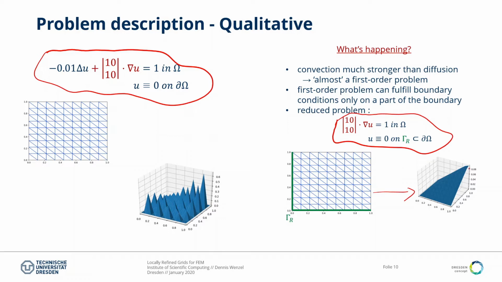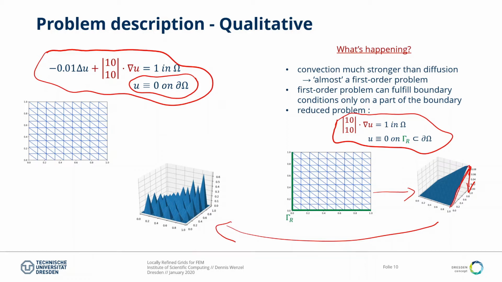And you see here what the natural thing for the solution is. It's going up here, so it's not going down to 0 on this right side. If I add my full boundary conditions here, then I have the problem that my solution wants to go up here, and I'm forcing it down to 0, and that creates this numerical instability because the solution just can't do this.